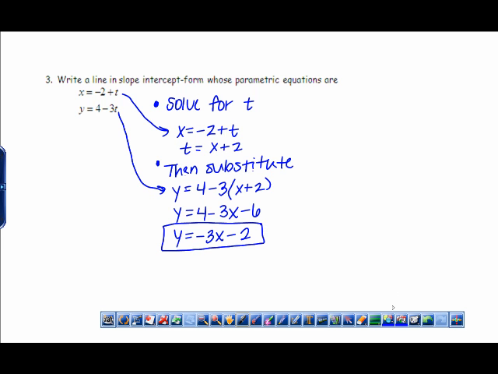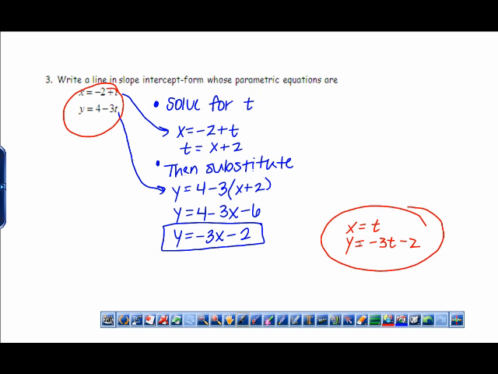Okay? Now, let's go ahead and go backwards just for the fun of it. We're almost done. If I gave this to you and asked you to find the parametric equations, do you think you would have come up with these two? No, probably not. Probably what you would do is say, hey, I'm going to take the easy way out. I'm going to let x equals t, and I'm going to let y equals -3t minus 2.